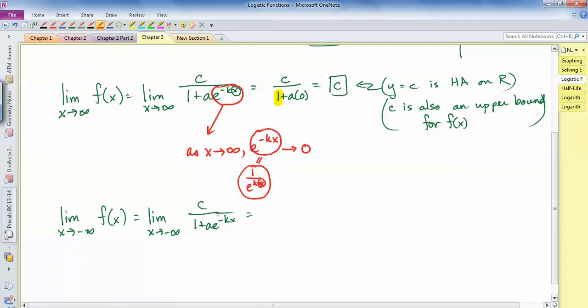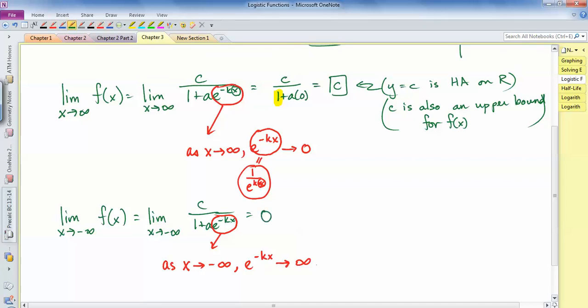If I let x go to negative infinity, then e to the negative kx is like e to the positive infinity. That explodes, it goes up to infinity. So then what you've got is c over 1 plus a times infinity, which is like c over a really big number, and that turns into 0.